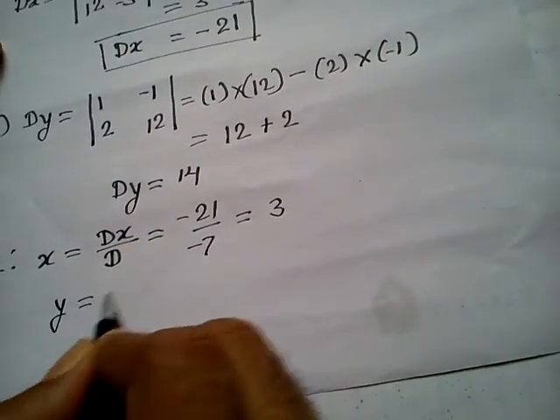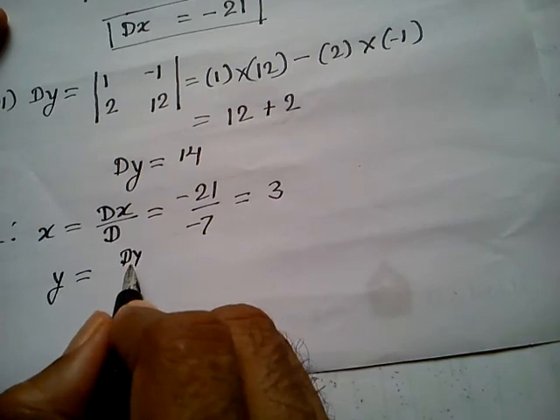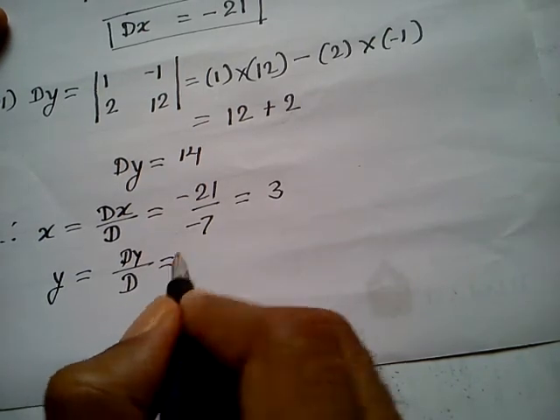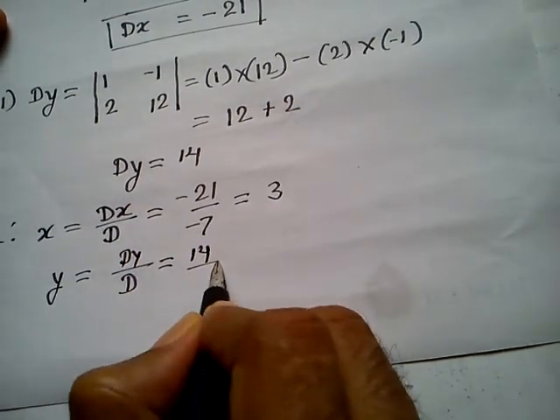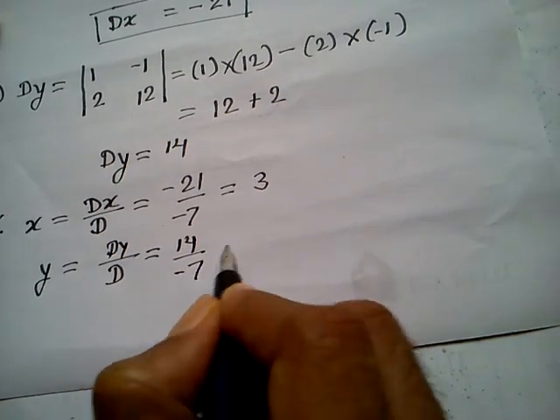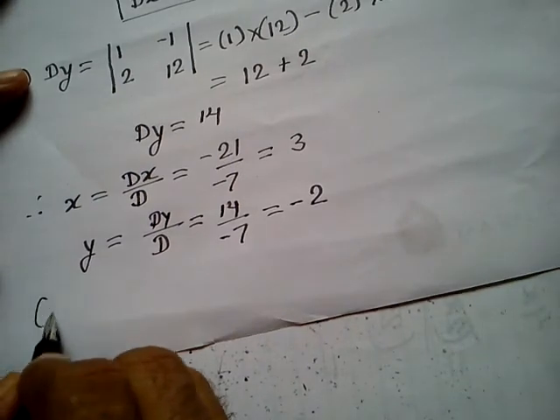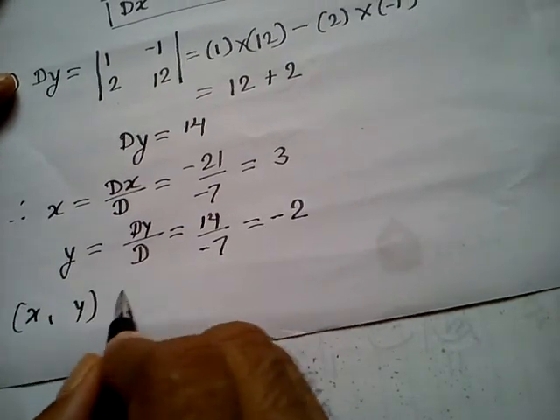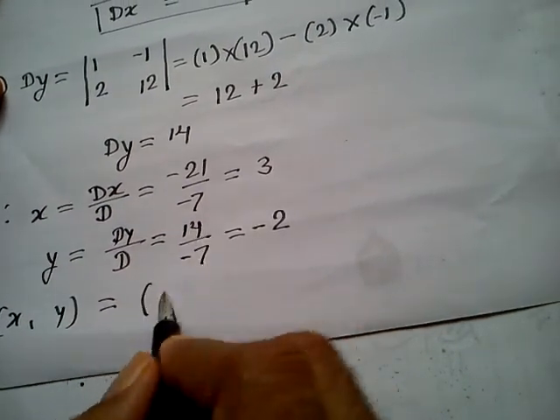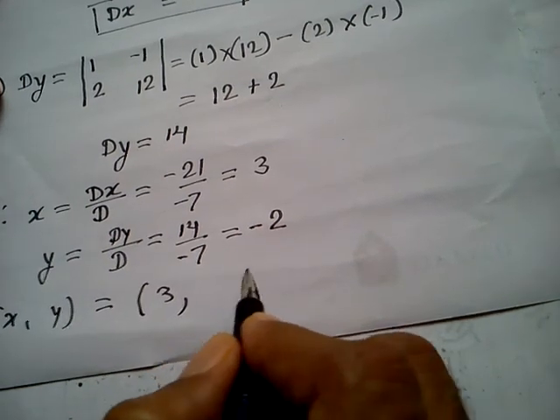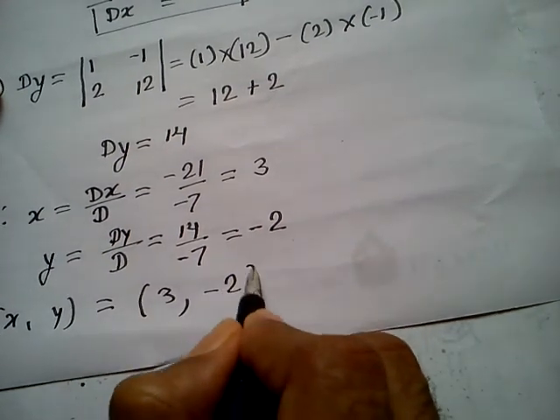Y is equal to dy by d is equal to, what is dy? 14 upon negative 7, that is negative 2. Therefore x and y values, solutions, x 3, y negative 2. This is the solution.